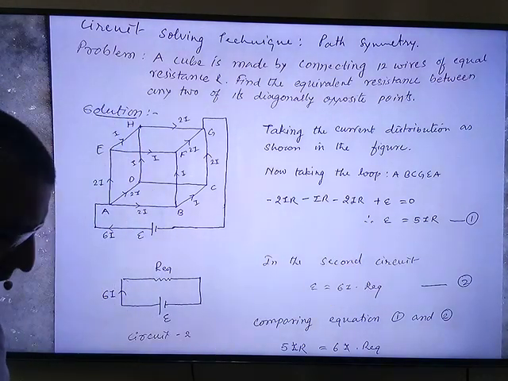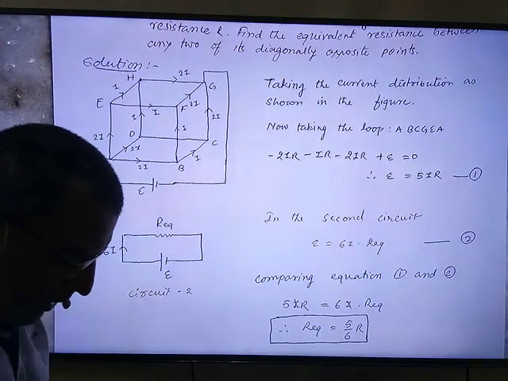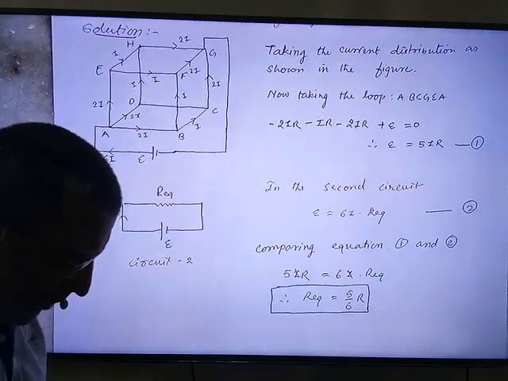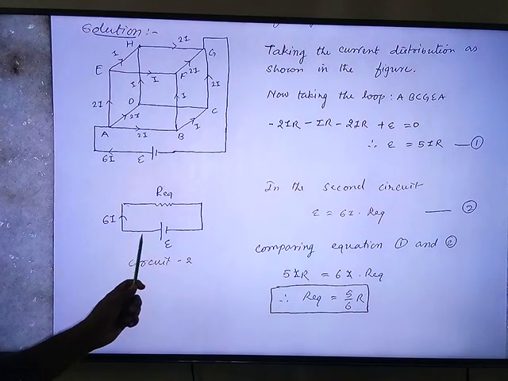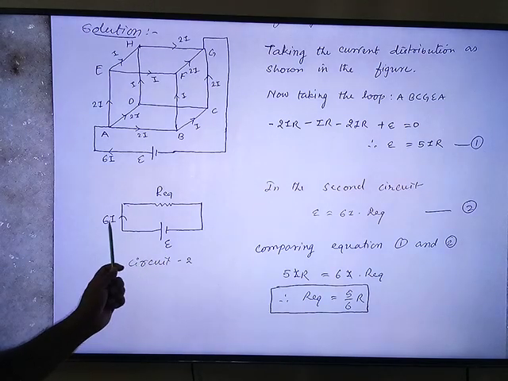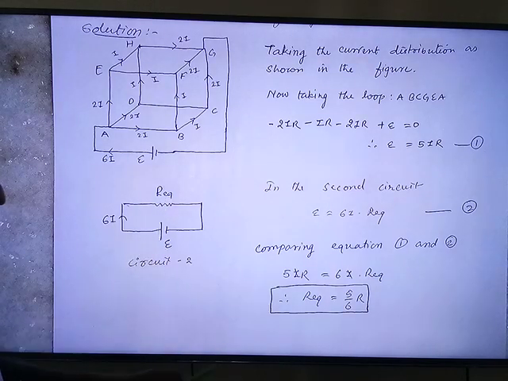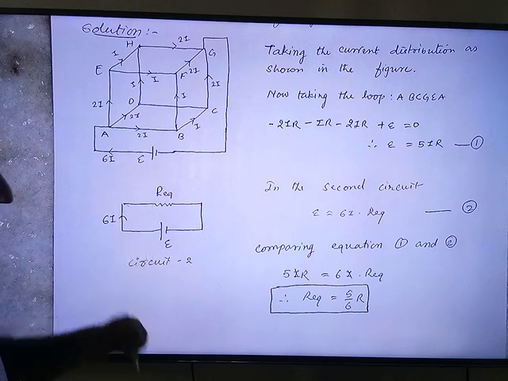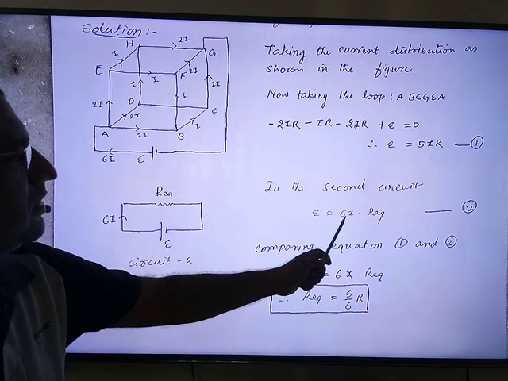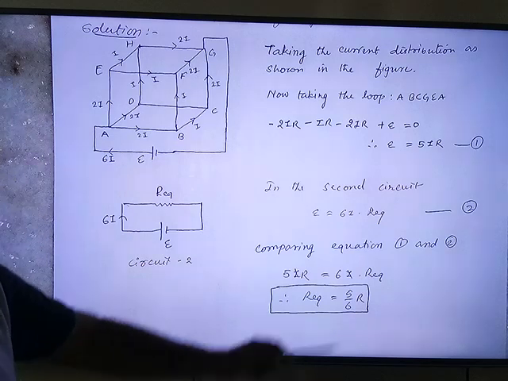In the second circuit, I apply the same principle, Ohm's law. Epsilon is equal to current times the resistance. So epsilon is equal to 6I REQ.